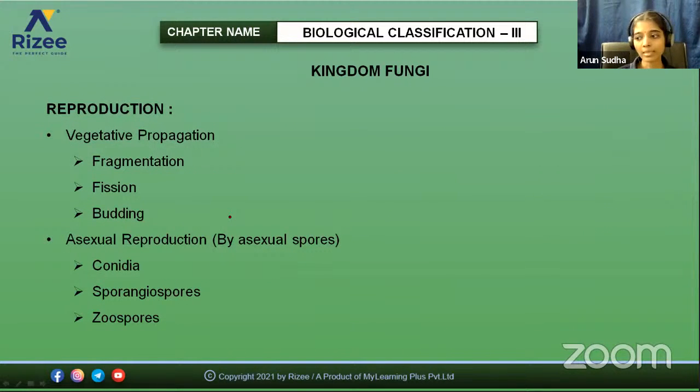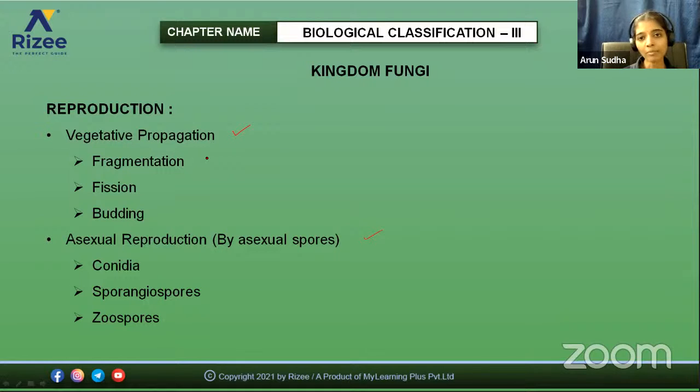Next we'll see about the reproduction of fungi. The reproduction can occur in three ways. One is vegetative propagation. The second is asexual reproduction, and also sexual reproduction. How do these types of reproduction happen? First one is fragmentation. You already know what fragmentation is.